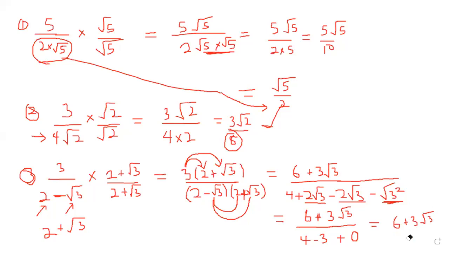So our final answer will be 6 plus 3 root 3, meaning we've rationalized away the root sign from the denominator. Now observe the questions carefully, and if there are any questions, you can ask.